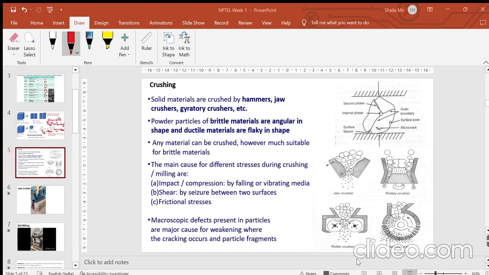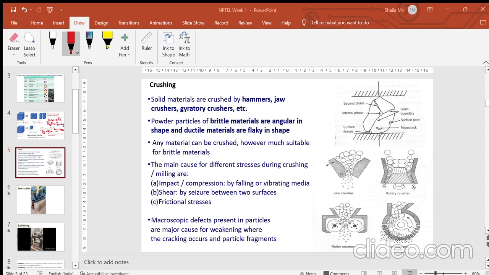In a hammer mill, there is an impact force. In a roll crusher, there is a combination of compression force and attrition also. So different types of forces are acting in these techniques, and these forces help us attain the powder of our required dimensions, right?